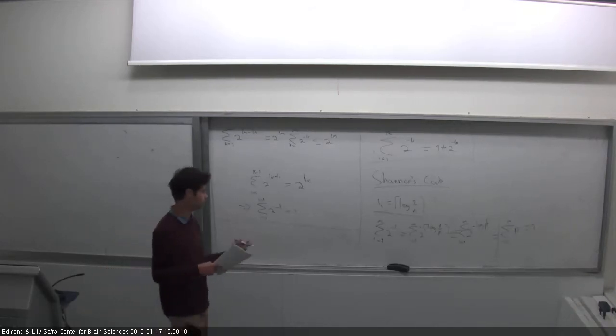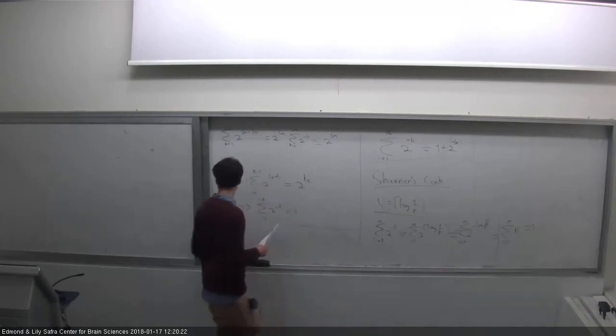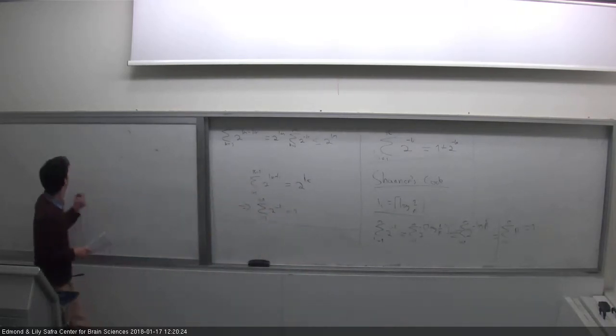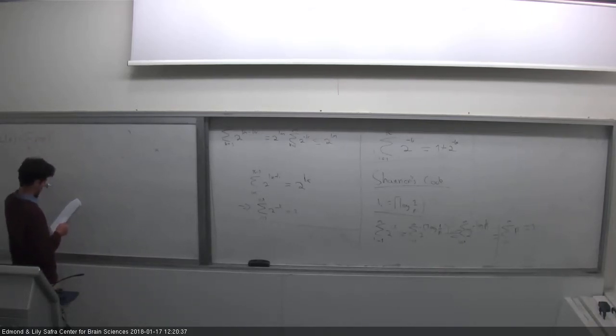What is the expected code length of this? So let's show it. The expected code length is the sum over all the possible x of px times the rounded-up log of 1 over px.